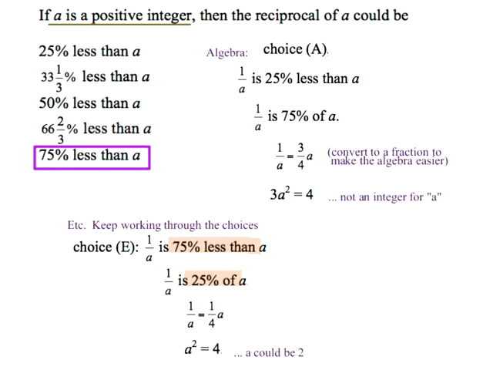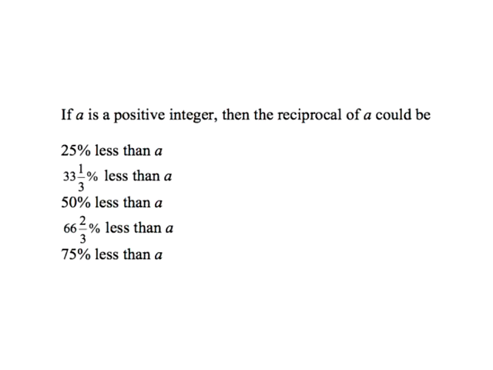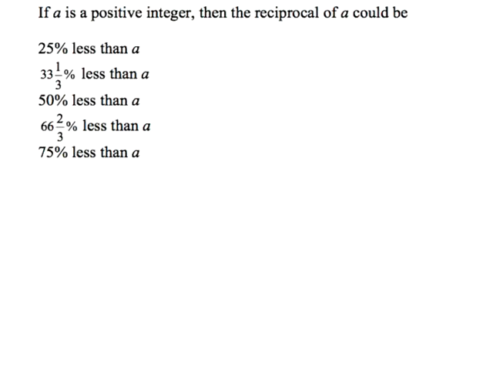How else can you do this problem besides algebra? Anybody think of anything else? Yeah, just plug numbers, right? The thing that you should notice here is that A has to be a fairly small number, because any numbers that are not small are not going to do this.